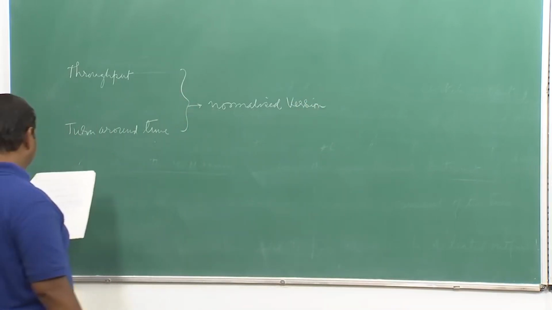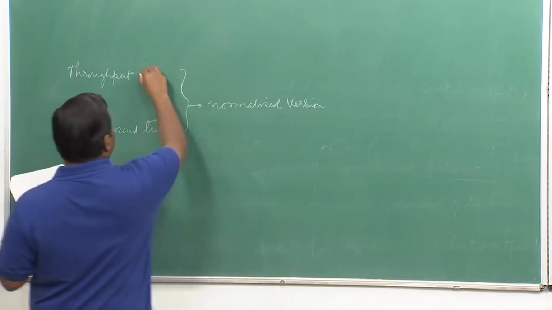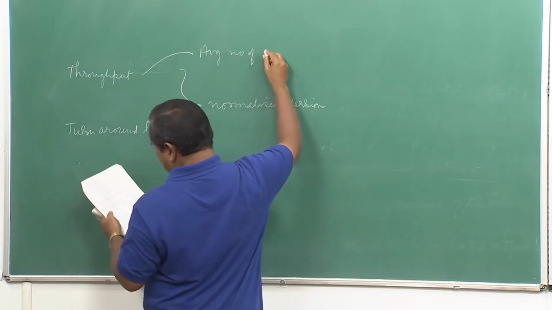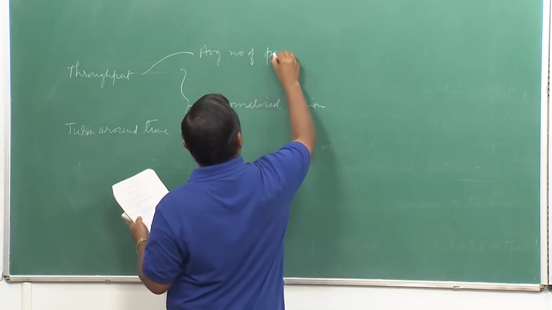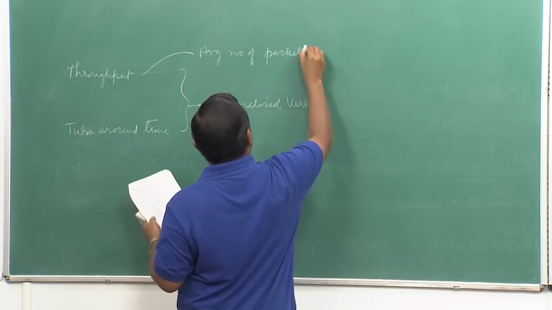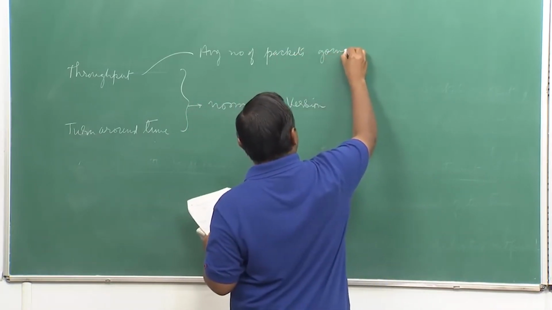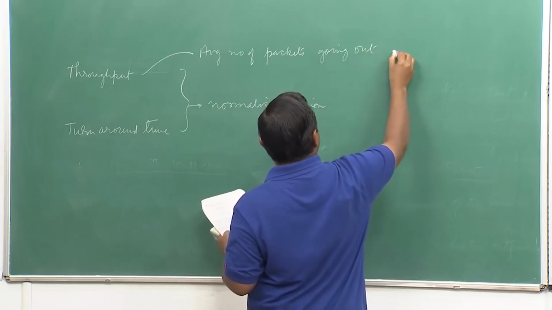Throughput will be the average number of packets going out per unit time.